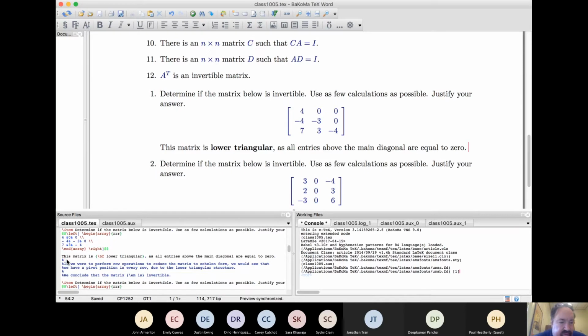So if you did perform row operations on this matrix anyway, there won't be any need to do it. But let's suppose I wanted to eliminate these entries down here to get echelon form.